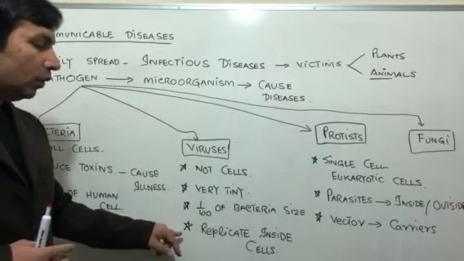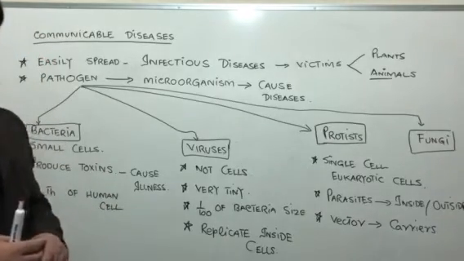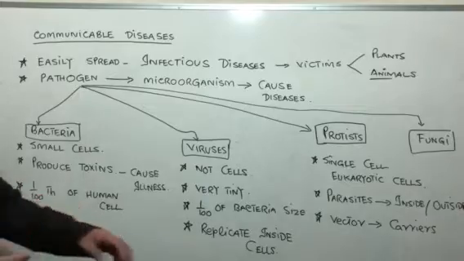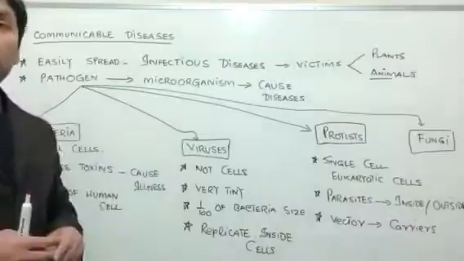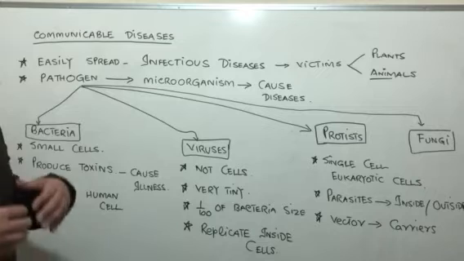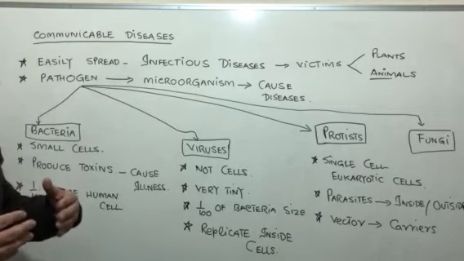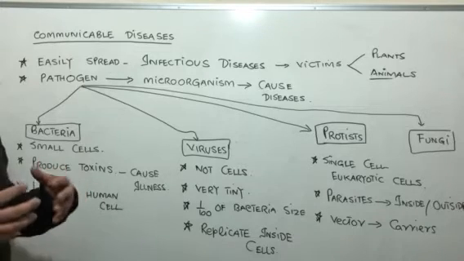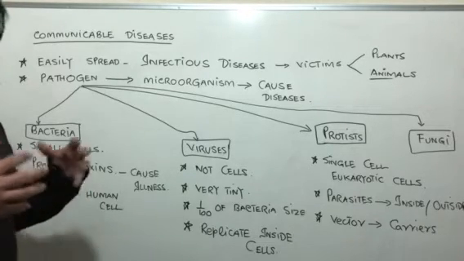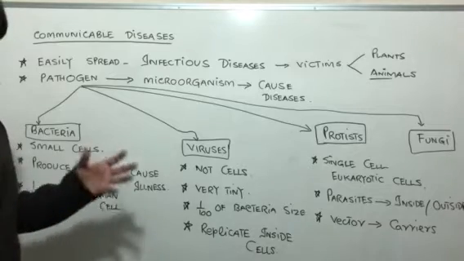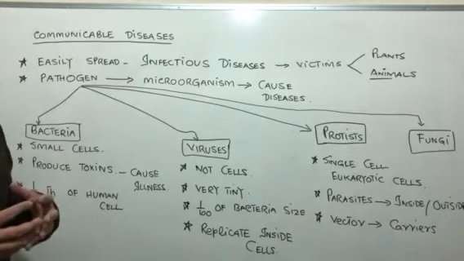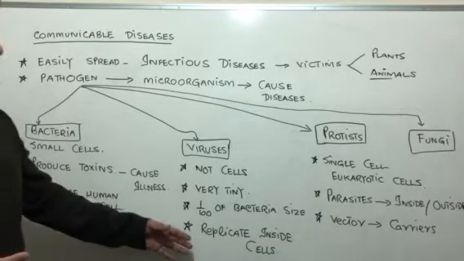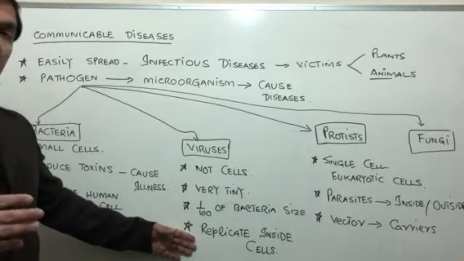How do they cause illness? Basically, they enter the cells of the living organism and replicate there very quickly. After replicating into hundreds and thousands, they burst the cells and damage them.